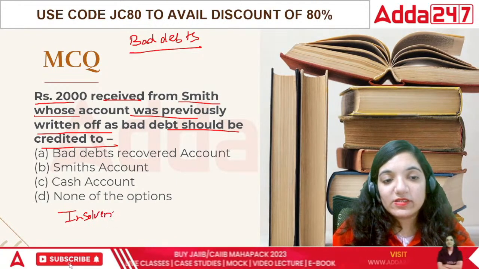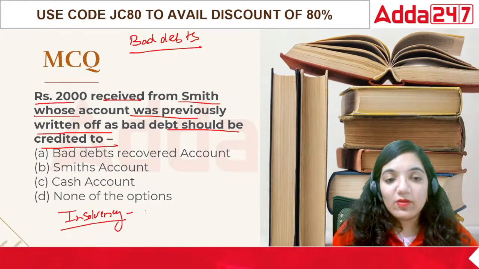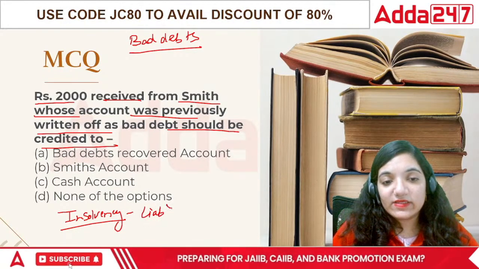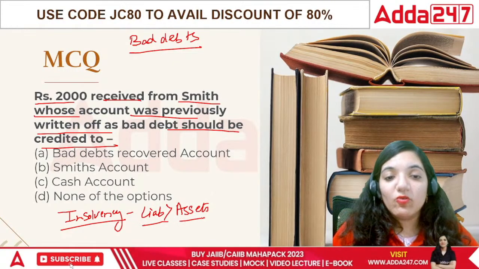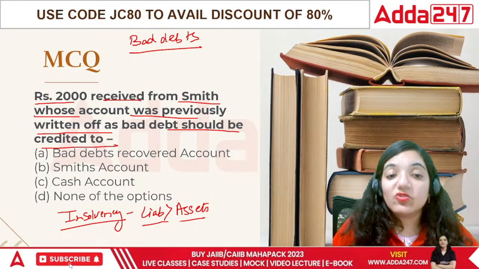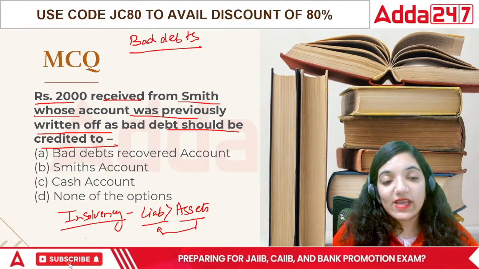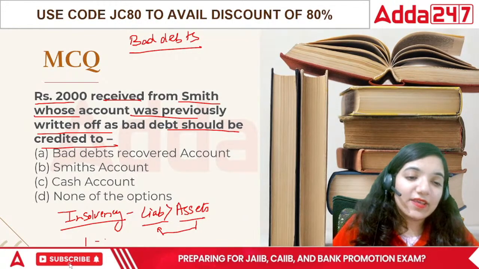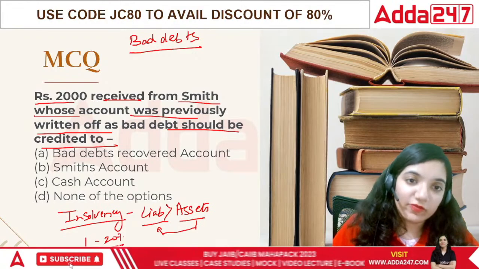What do you mean by the term insolvency, everyone? Insolvency means the person has more liabilities than assets. So ultimately they will sell off their assets to pay off the liabilities. So if he had to pay 1 rupee, now he can pay 20 paisa, 30 paisa in a rupee, or 20%, 30% of the total.